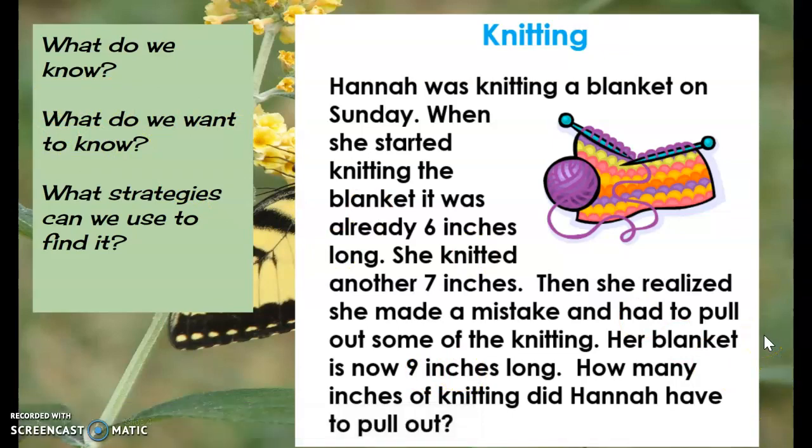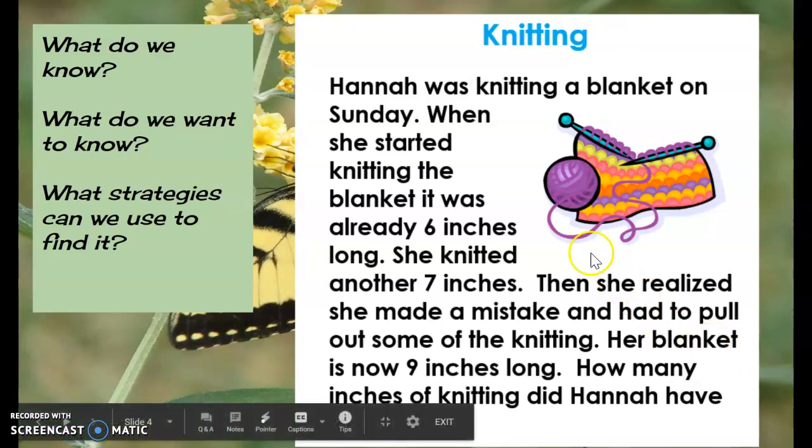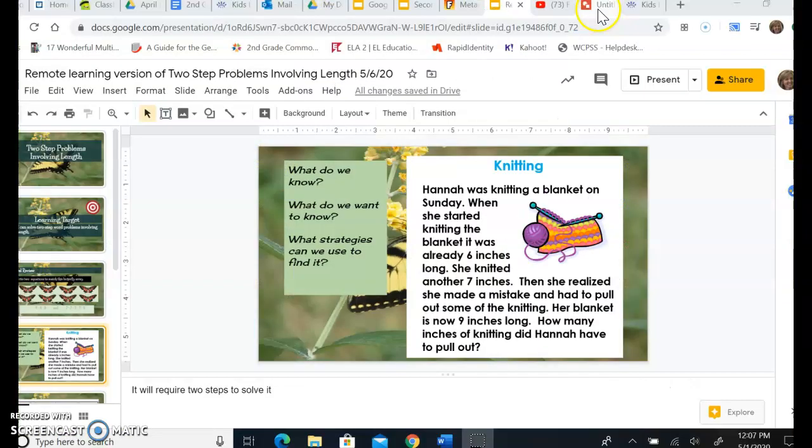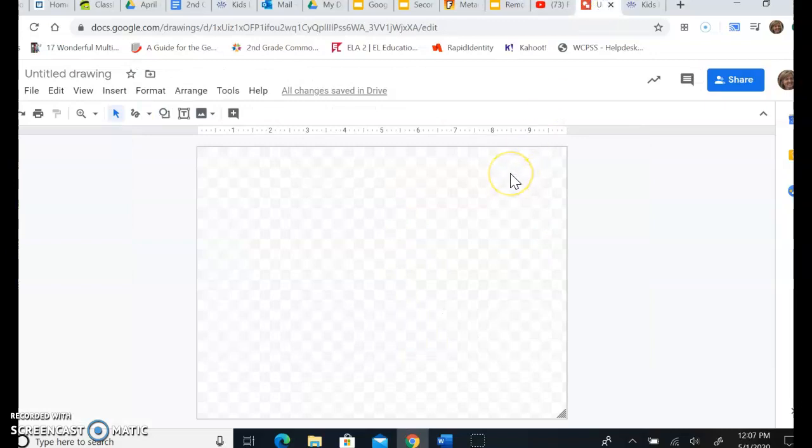So what strategies can we use to find it? Well, I think first we have to know how much she knitted when she added more. What was the total there? So 6 plus 7 is her total before she made her mistake. So she had 6 inches to start with.